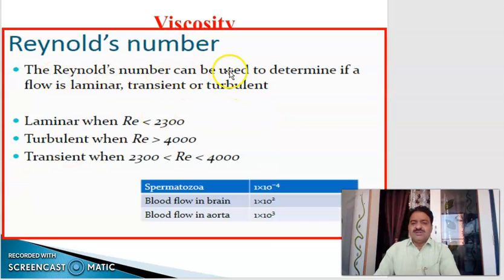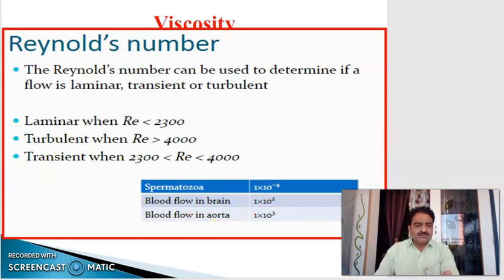Reynolds number can be used to determine if a flow is laminar, transient, or turbulent. Laminar flow when Reynolds number is less than 2300. Turbulent flow when it is greater than 4000, and transient flow whenever it is between 2300 and 4000. Transient flow is the flow between laminar and turbulent flow of the fluid.